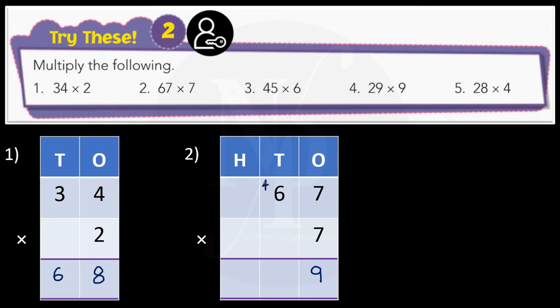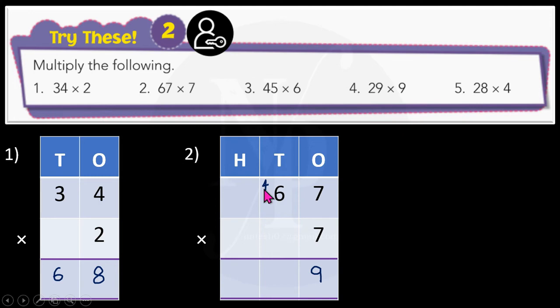And now we will multiply the digit at tens place by 7. That is 7 sixes are 42, and we will add 4 to 42.